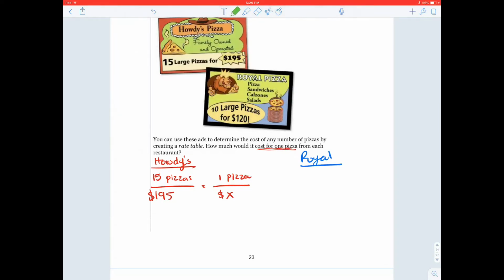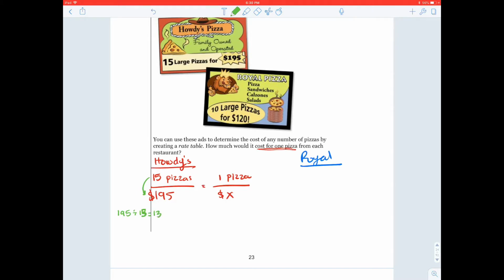Okay, so now let's see. What can we do? Let's test what I need to multiply 15 by to get 195. Well, let's do that really quick. What is 195 divided by 15? And that is going to give me 13. I'm going to write that over here, 195 divided by 15, because that is exactly what I typed into my calculator, which is why I want you to write it down too.